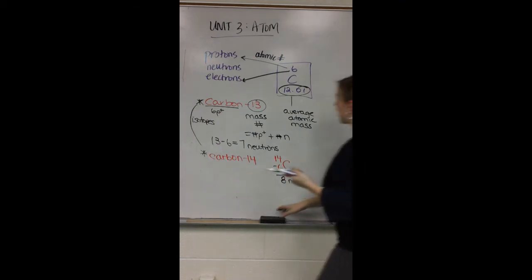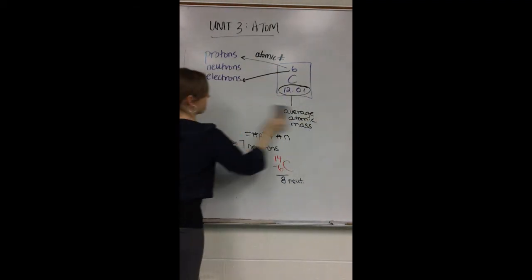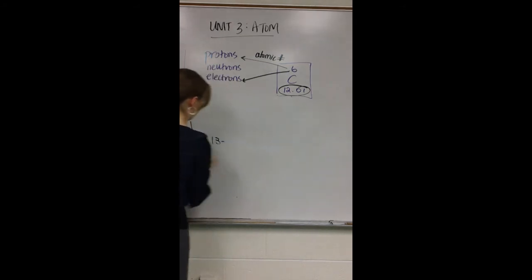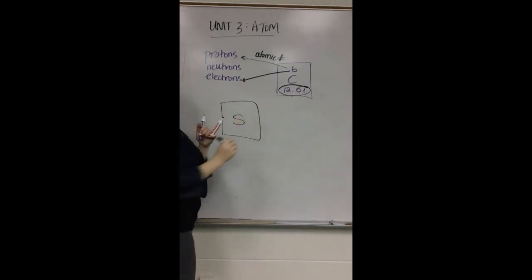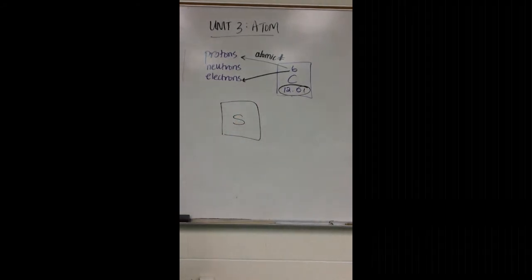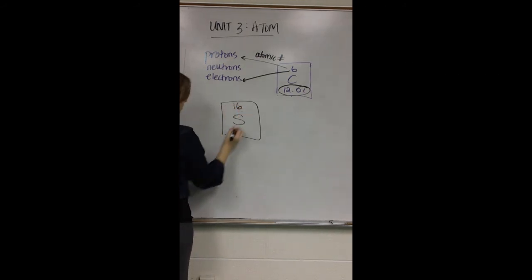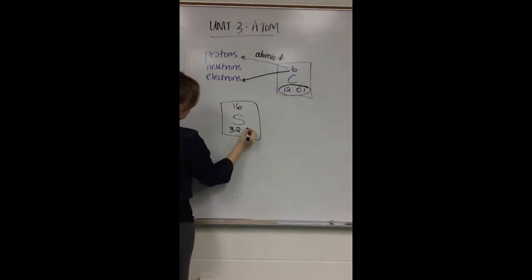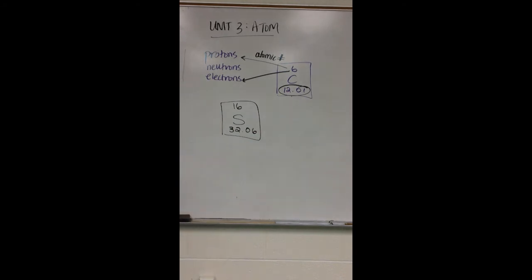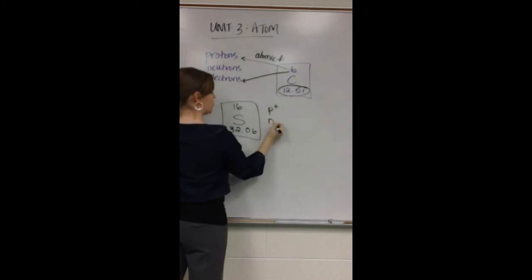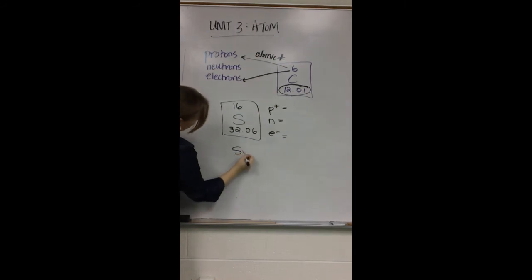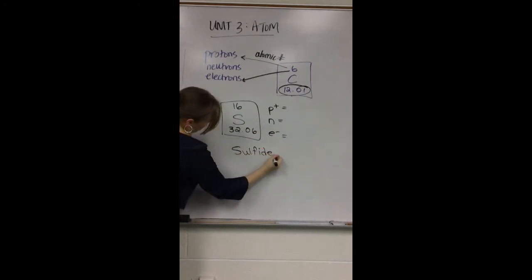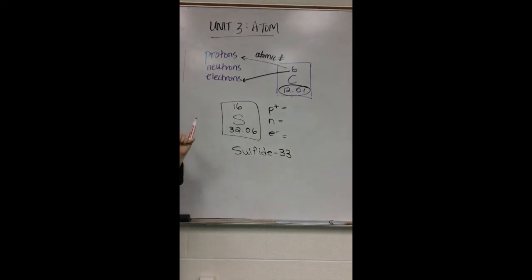So say instead I looked at sulfur. If I look at my periodic table, sulfur is number 16. Say instead I wanted to know the number of protons, neutrons, and electrons in sulfide 33.